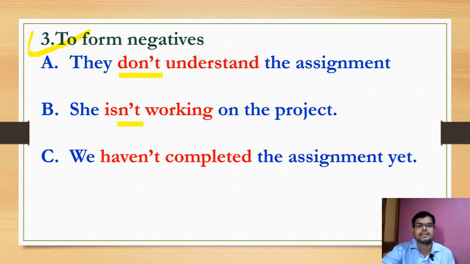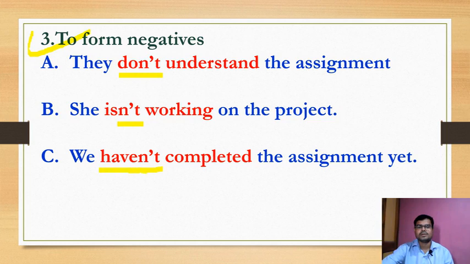See the last example. We haven't completed the assignment yet. What have they done here? Haven't completed, meaning "not" is there. Have they completed? No, "not" is there.